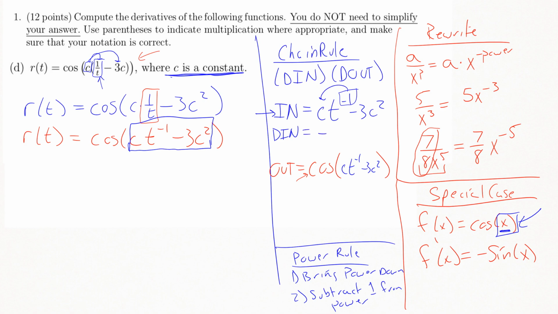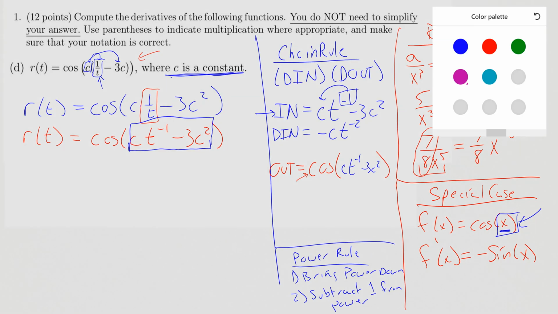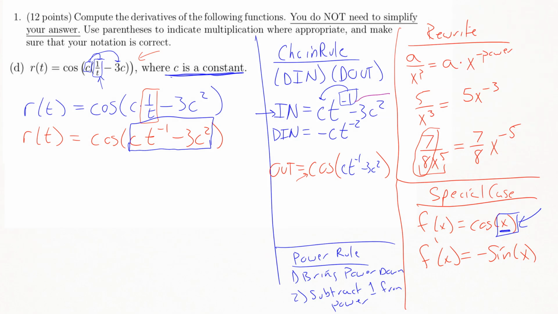So I'm going to end up with negative c t, and then -1 minus 1 is going to give me a -2 power. Be super careful on those negative exponents. A lot of people mess them up and go the wrong way on it. And so then from there, the back end piece here, this minus 3c squared, that is all just a constant.